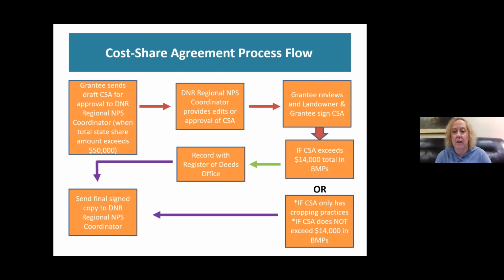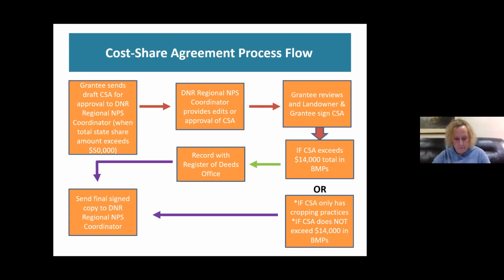And again, if that cost share agreement at that point has $14,000 total or more in BMPs, then it's going to need to be recorded with the Register of Deeds once everybody has signed it. So they're separate steps, but somewhat connected, just different parts of the process.